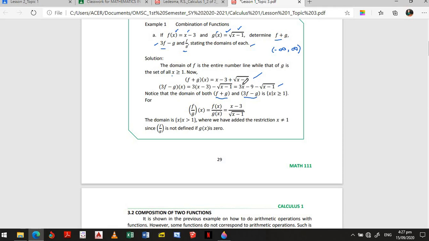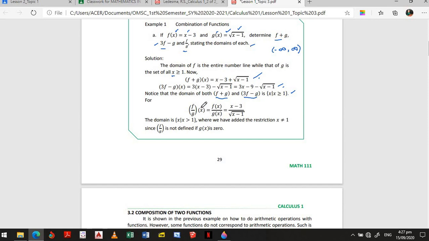Because if we did not have the square root of x minus 1, then the domain should be the entire number line. But we have here the square root of x minus 1, so the domain would be the set of x such that x is greater than or equal to 1 in order for this function to be defined, like what I explained earlier in the domain of our g of x.